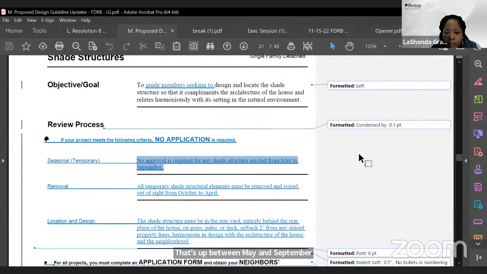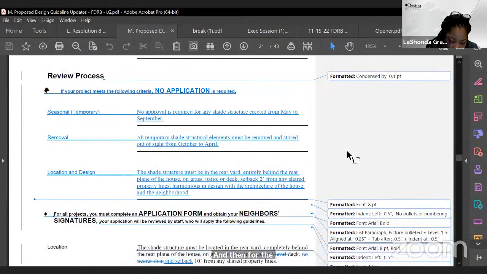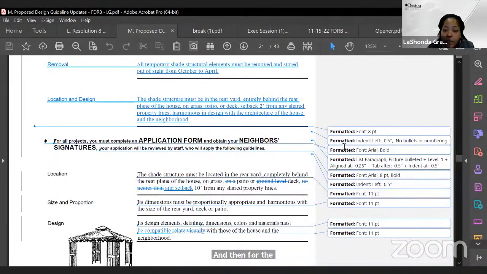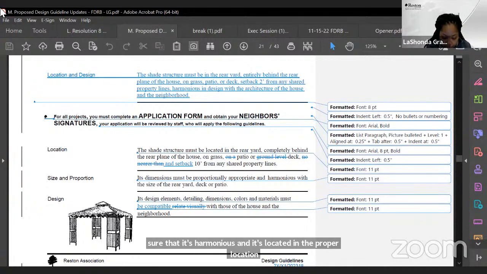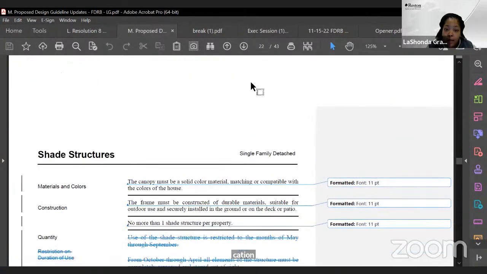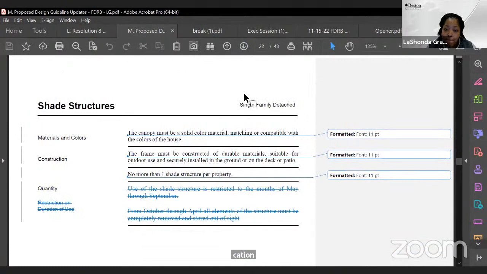And then for the design location, added location requirements. So the shade structure must be in the rear backyard. This is for the no application review. We added the requirements for the location and the design, making sure that it's harmonious and located in the proper location. Also added the setback requirement of 10 feet from any shared property for the location.